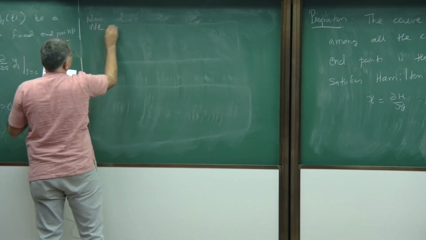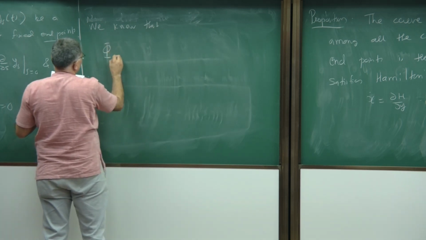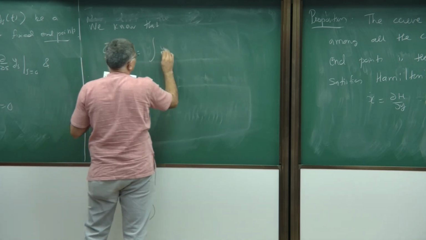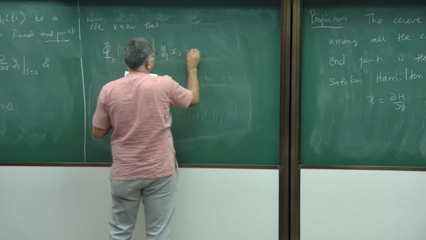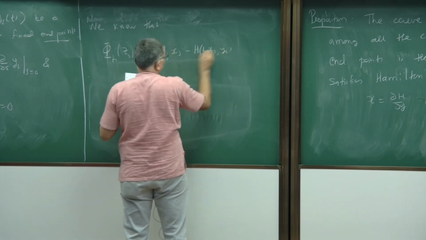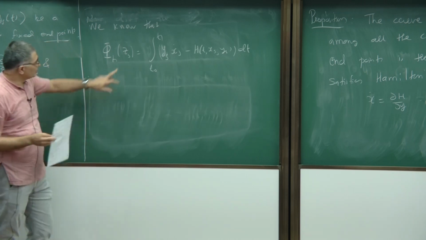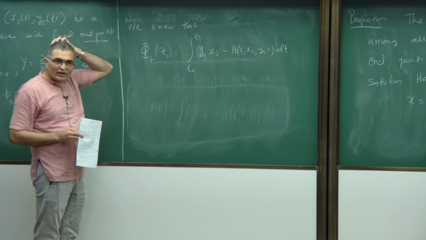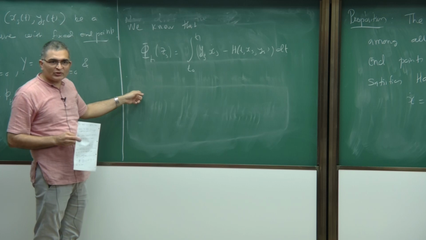We know that phi hat of z_s is some quantity, and I differentiate this whole quantity with respect to s and look at s equal to 0. If at s equal to 0 this curve is minimizing, then this term will be 0.